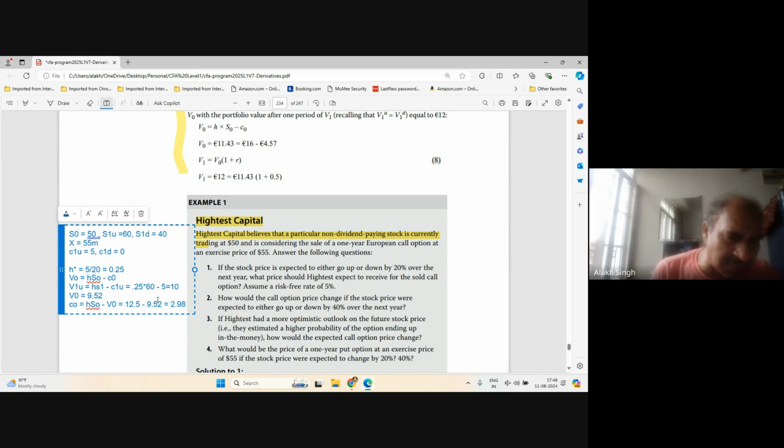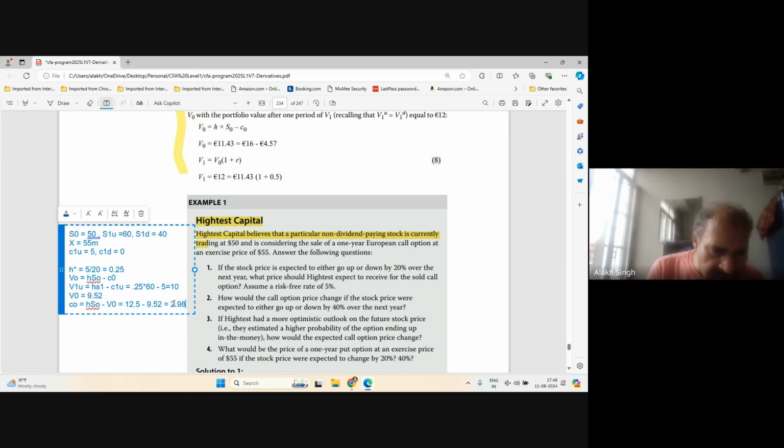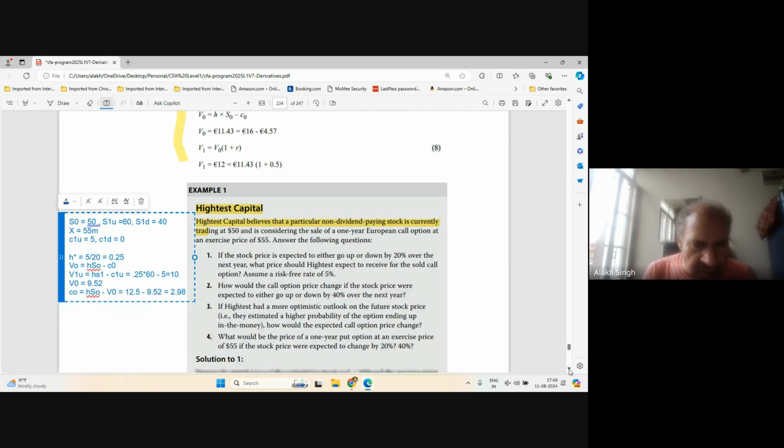If you know this, then you know V1U and V1D both. And H you can calculate as C1U minus C1D by S1U minus S1D; conceptually you can easily remember that. So we calculated the call price C0 is equal to 2.98. Did we get this answer?